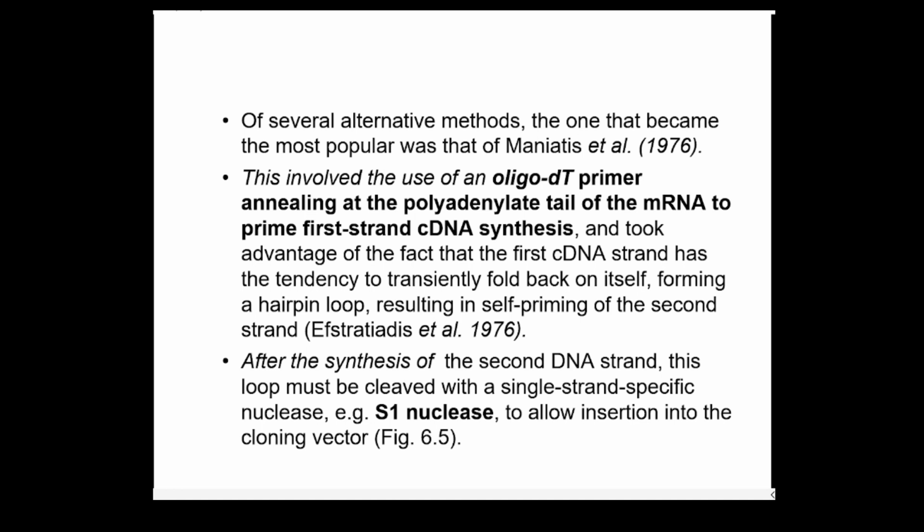This involved the use of oligo-dT primer annealing at the polyadenylate tail of the mRNA to prime first-strand cDNA synthesis and took advantage of the fact that the first cDNA strand has the tendency to transiently fold back on itself, forming a hairpin loop, resulting in self-priming of the second strand.